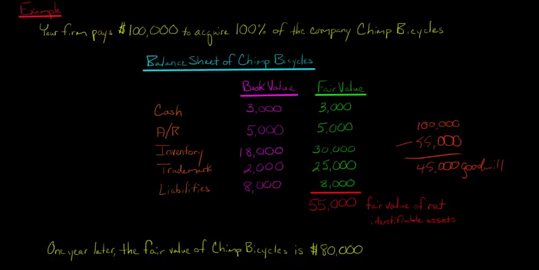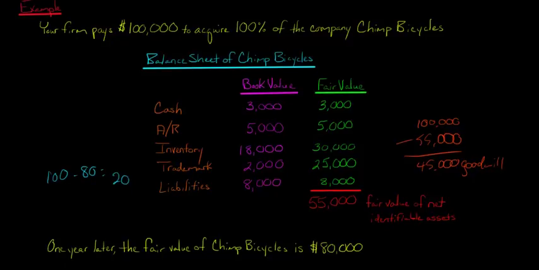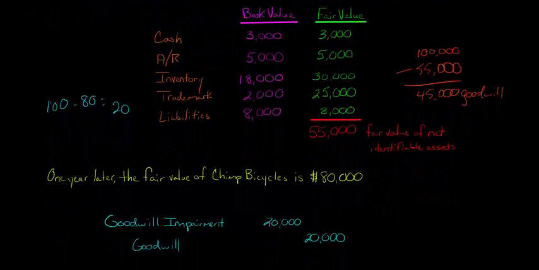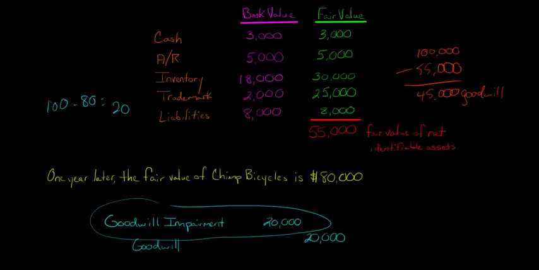We have a goodwill impairment because the carrying value of $100,000, the value on the balance sheet, is higher than the fair value. So we're just going to take the difference. We're just going to take the $100,000 minus the $80,000. That's going to give us $20,000, and we're going to recognize a goodwill impairment. So we're going to debit goodwill impairment, which is an expense, right?